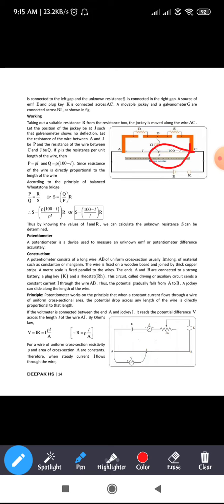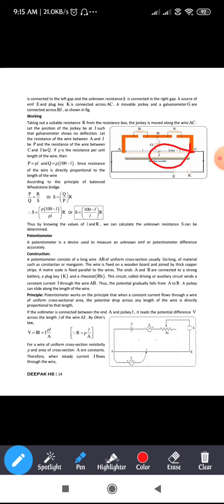Now, if rho is the resistance per unit length of the wire, as you know, what is the difference between resistance and resistivity? I have made it clear long back. Resistance is simply the resistance offered by the conductor.